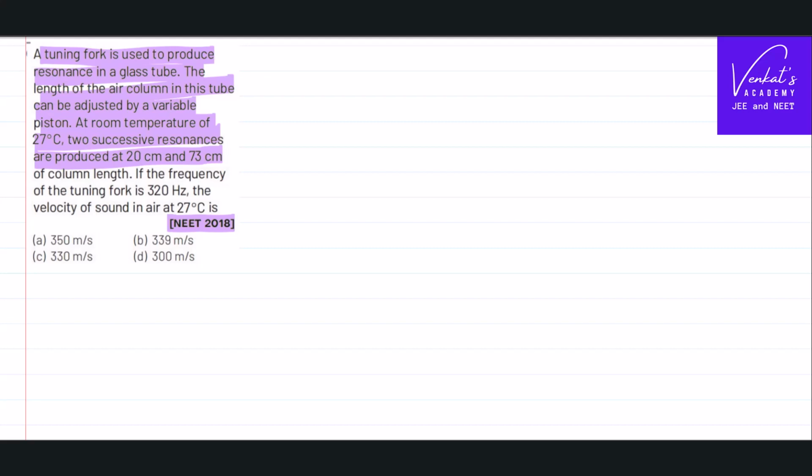What he's saying is, there is a glass tube which is filled with water. So the part above the water behaves as if it's a closed tube.